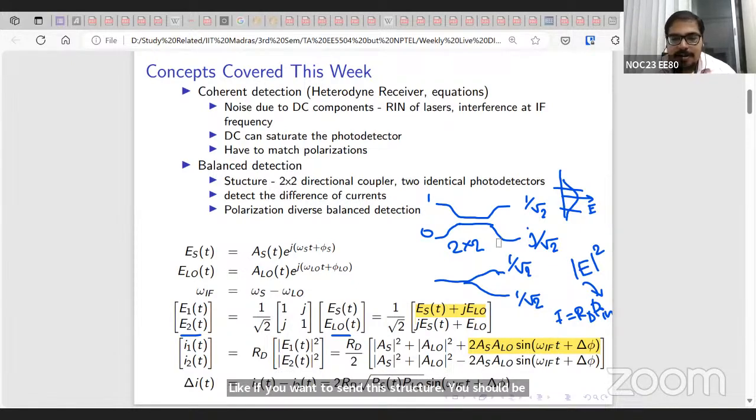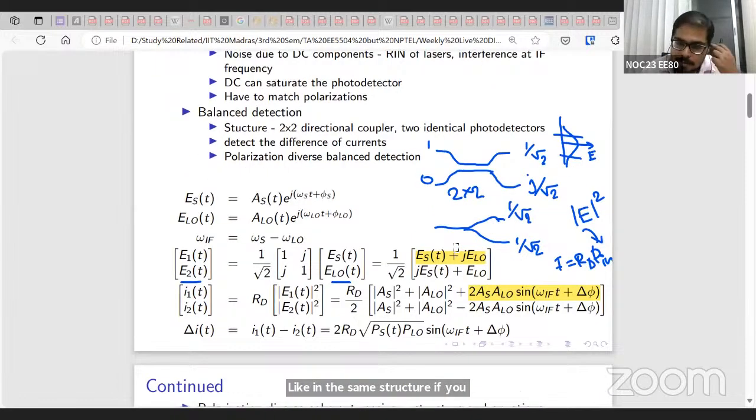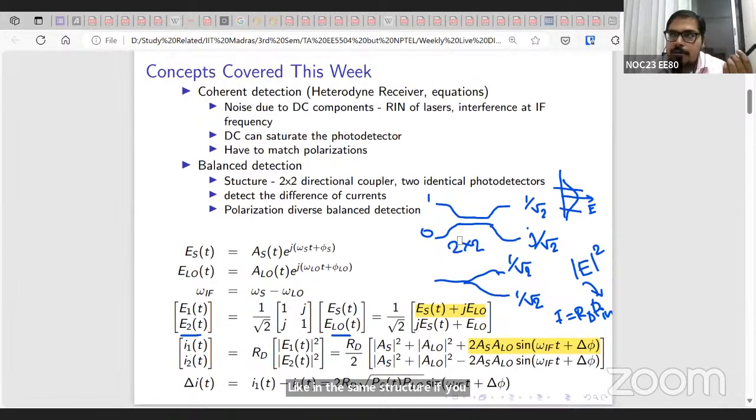Like in this structure, we had to align our LO polarization with the received signal polarization.